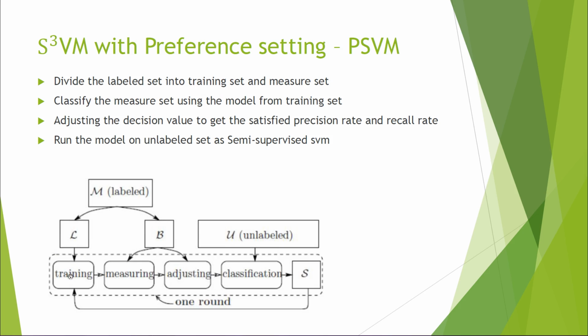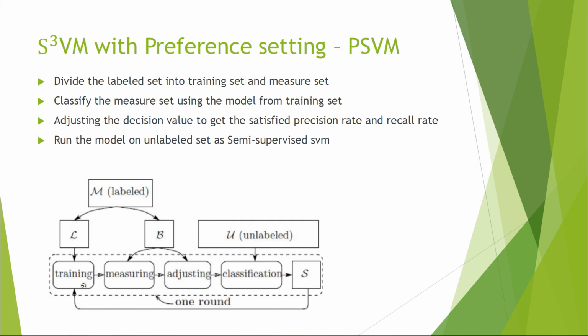On the training set it will train as usual, and then it will use the measure set to classify and compare the results with the labels, to get the precision rate and the recall rate. If the precision rate is not satisfied, it will adjust the decision value until the satisfied precision rate and recall rate are obtained. If both are satisfied, it will try to maximize the F1 score.